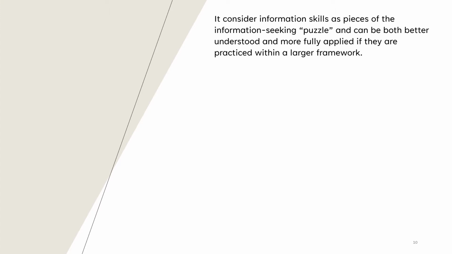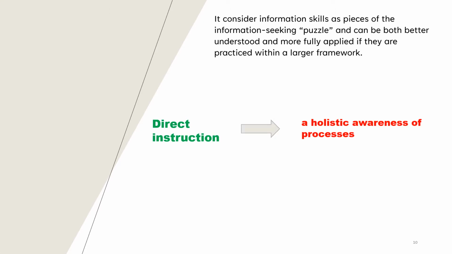The focus thus moves from direct instruction of specific resources to a holistic awareness of the processes involved as the seeker progresses towards a curricular goal. Such approaches are specifically user-centered in that they begin with a statement of the information need as articulated by the student.